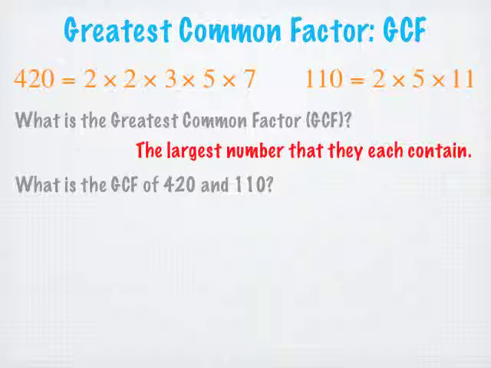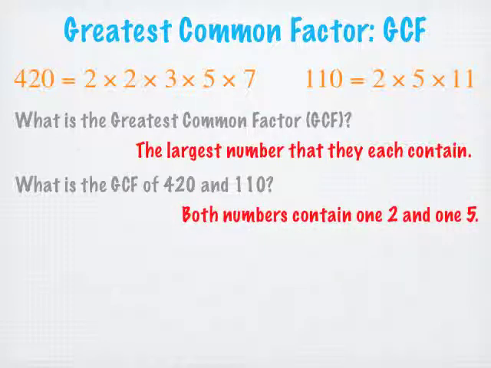So let's look at this one. Well, 420 and 110, they each have a 2 as a factor and a 5 as a factor. So the greatest common factor is 2 times 5, which is 10. That's the biggest number that will go into 420 and 110.